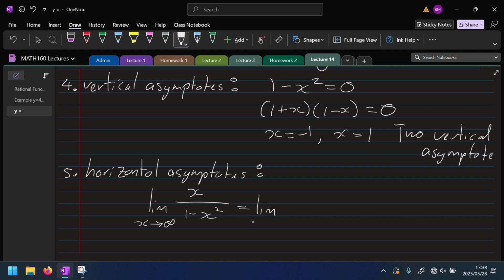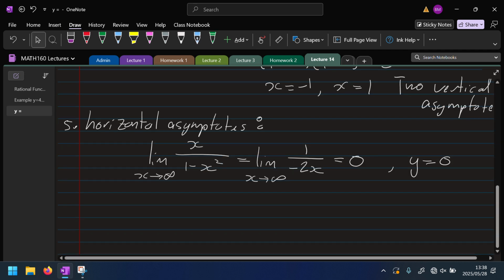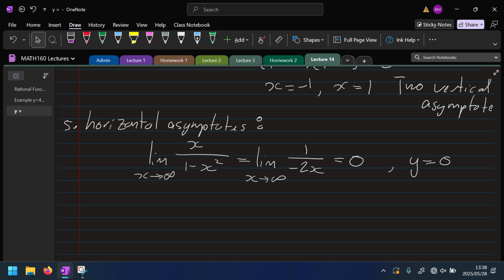So this is going to be the limit as x goes to infinity of 1 over minus 2x. But when x goes to infinity, the whole thing goes to 0. So we end up with 0. Remember, this is a y value. So horizontal asymptotes are y equals something. Okay, for the horizontal line. So y equals 0. In other words, the x-axis. Okay, that's going to be our horizontal asymptote.